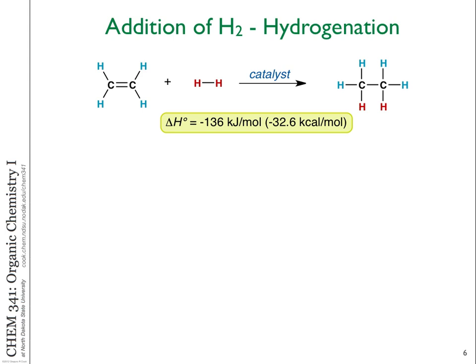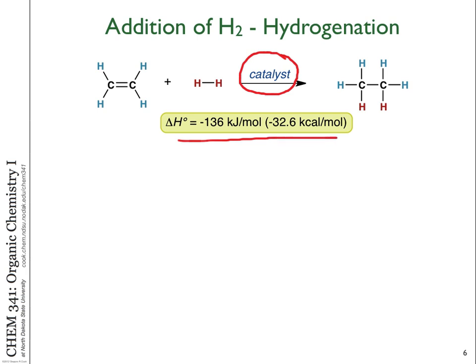However, this is actually a very difficult reaction to do because a hydrogen molecule has to be broken. It's very difficult to take a hydrogen molecule and break it into an H plus or an H minus, and as a matter of fact, the chemistry doesn't really work that way. It requires the addition of a catalyst.